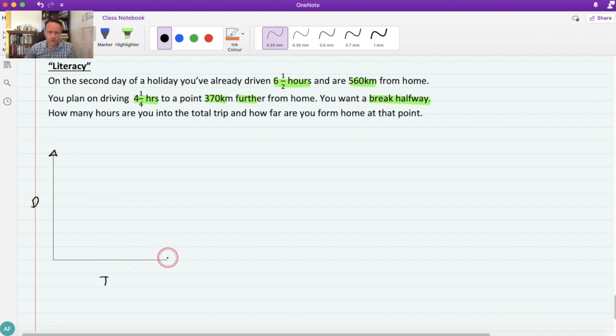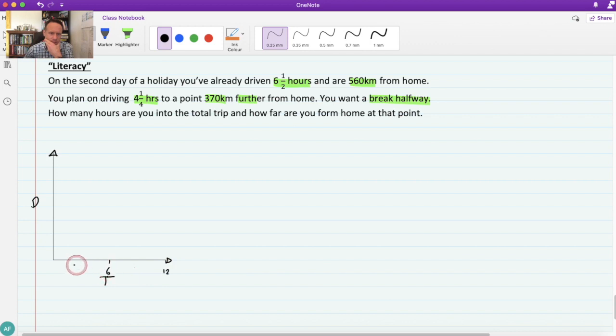Okay, so we've got time and we've got distance from home. So there's still x and y intercepts. First off, let's have a look at what we've got. We're going to start at 6.5 hours, and we're going to drive a further 4.25. So that gives us 10.75. So maybe I'll go up to 12.